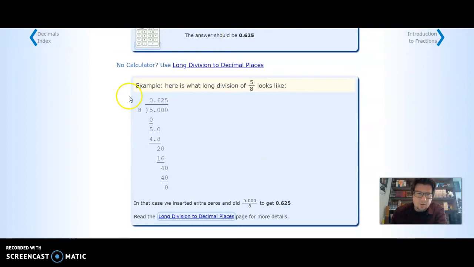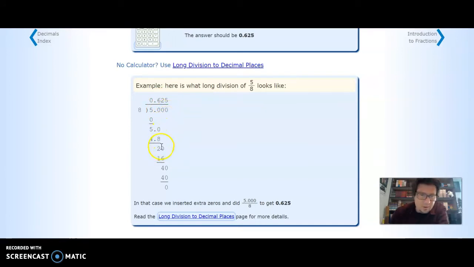Now this is how it looks. 8 goes into 5 obviously 0 times. That's why we add these two decimals. But 8 goes into 50 how many times? 6 times, and 8 times 6 is 48. 50 minus 48 is 2.